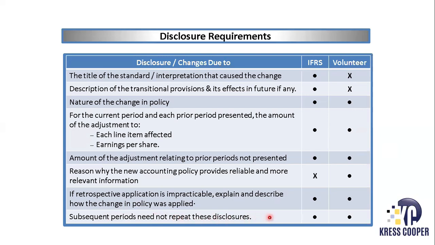Once you have given these disclosures of the change in accounting policy, in the next year and the years after, we don't need to repeat these disclosures. So these disclosures would be required in the year in which the accounting policy is changed.